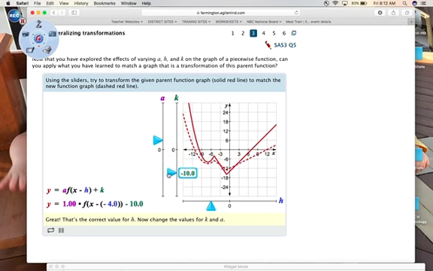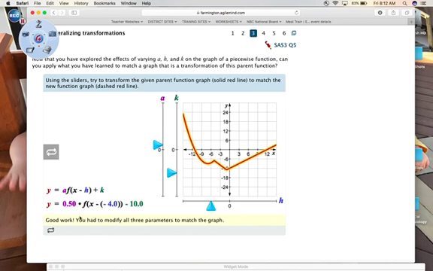Now if you look at that, it's definitely wider. So I'm definitely going to have to make this wider. Oops, that looks pretty good. And then, oh, I need to move it back up. So there is the equation for that function.